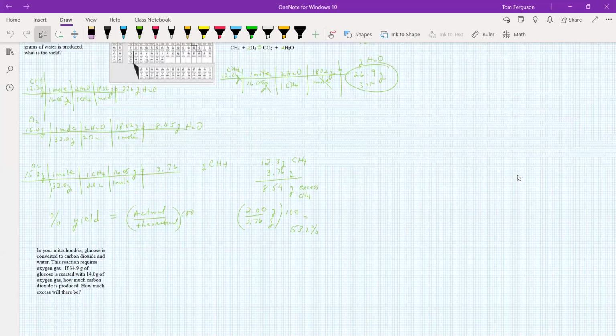Now I've got a bunch of these practice problems for you, as I was saying earlier. In fact, let me just show you where they're all located.